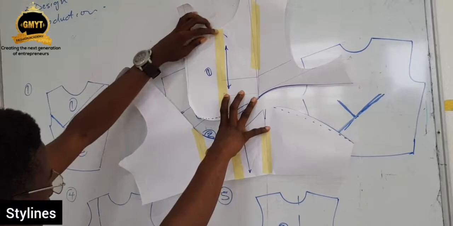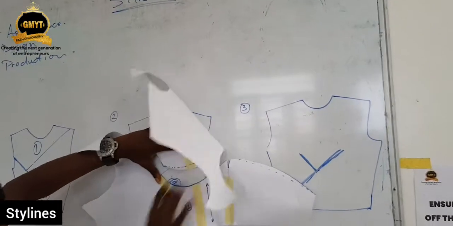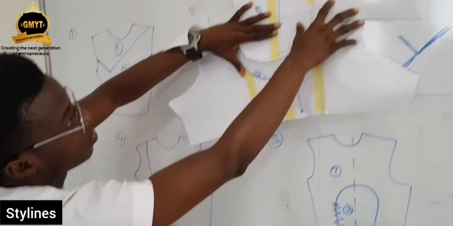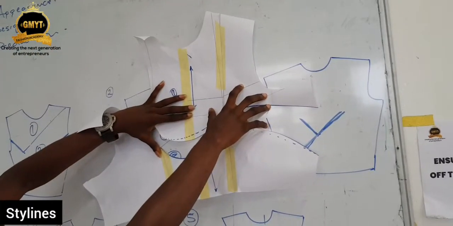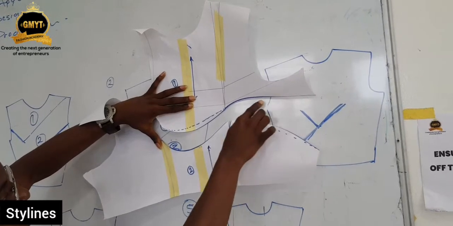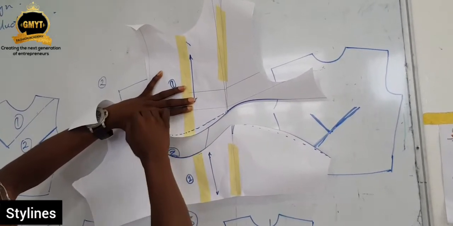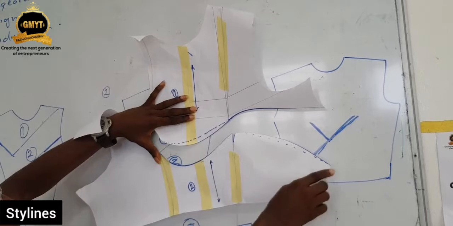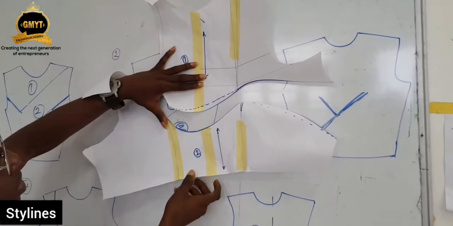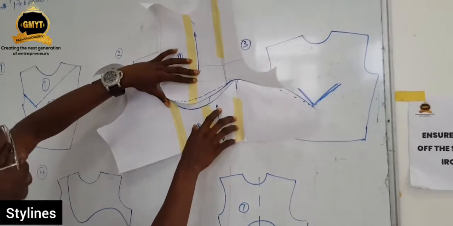So I hope you can see this. My first piece and my second piece. So if I'm to add my sewing allowance, I'm adding my sewing allowance just as my style line is here, 1/2 inch on each piece, in order for me to match them back together when sewing.